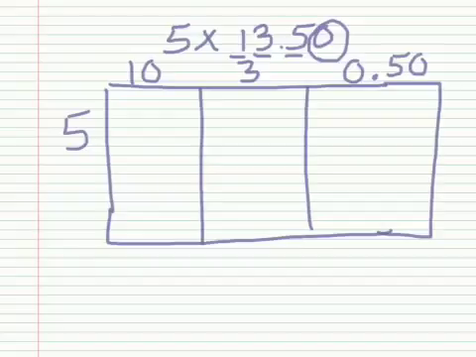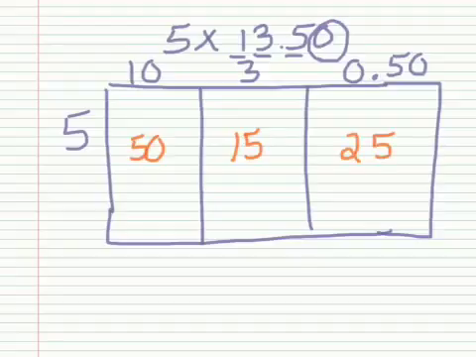Now, let's start multiplying through. Let's see what we get. 5 times 10 is 50. 5 times 3 is 15. And 5 times 0.50 is 2.50. Okay? And we're going to talk more about how to do these later.